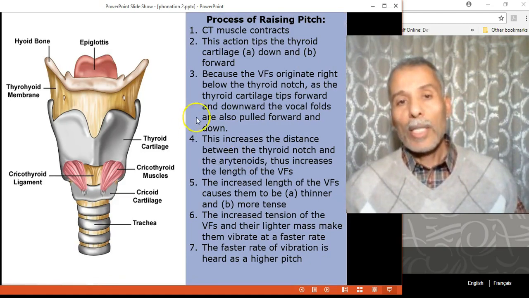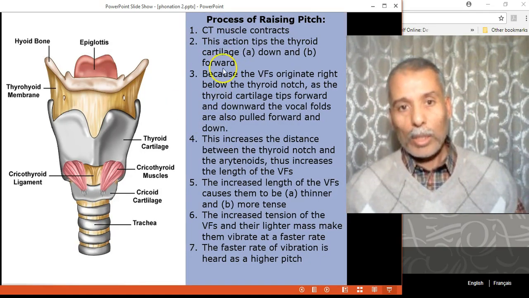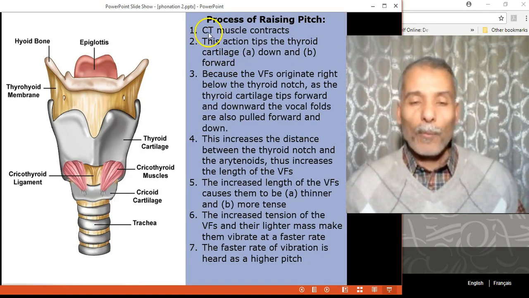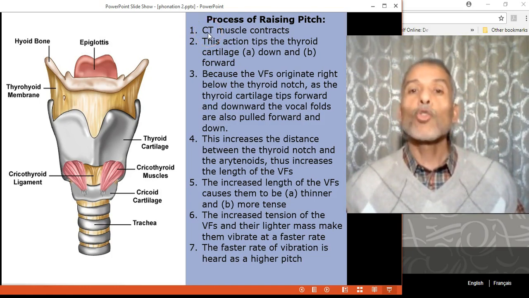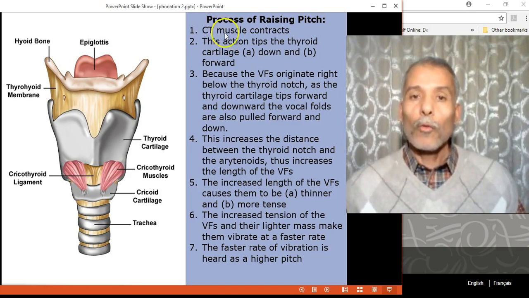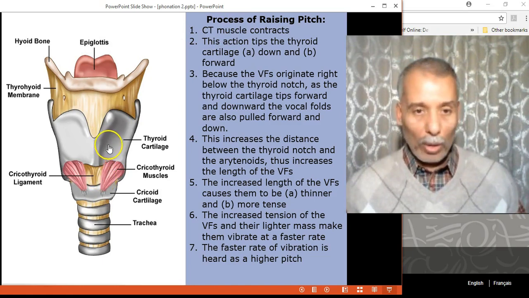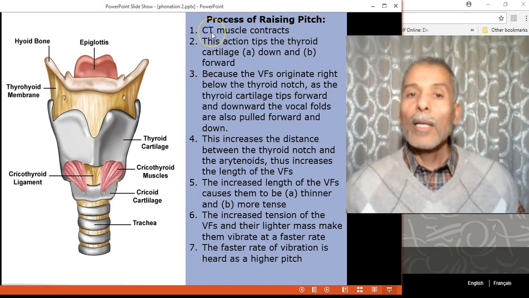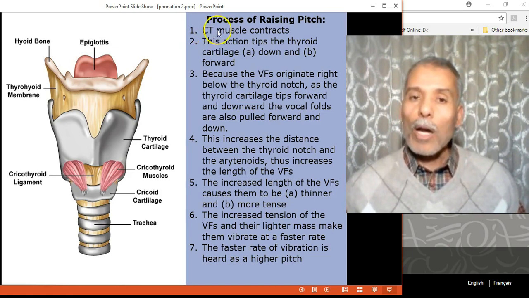So the steps again in sequence. When you explain this, please do not give me acronyms unless you are going to name something more than once. So you first begin and say the cricothyroid muscle. If you tell me the CT, it means nothing. You have to say the cricothyroid muscle.